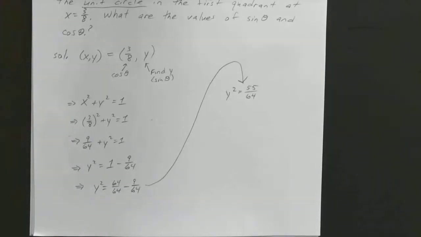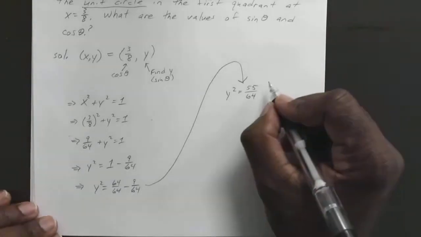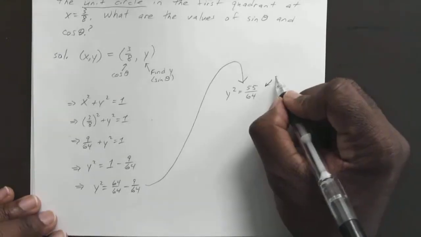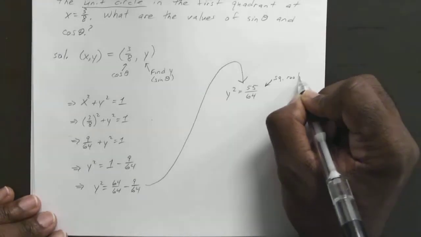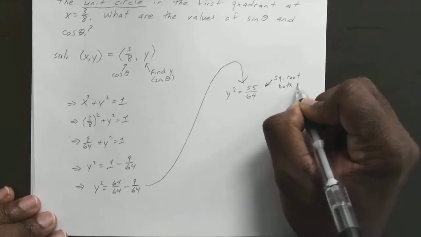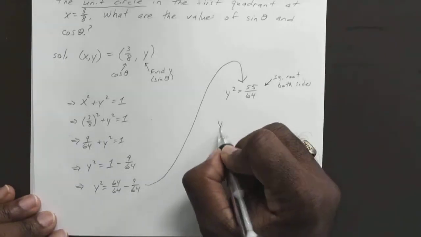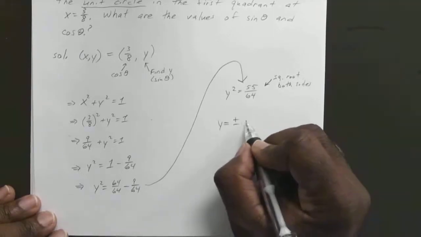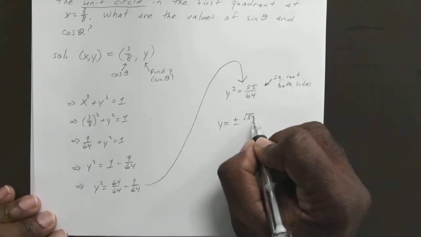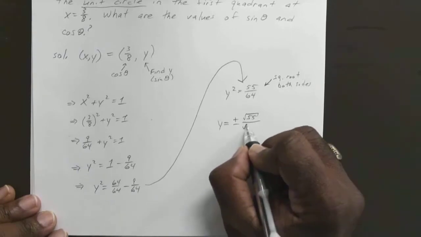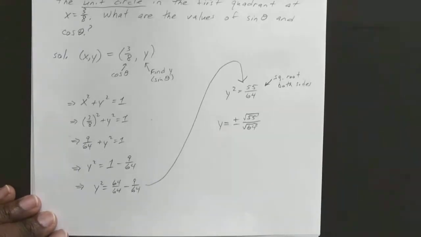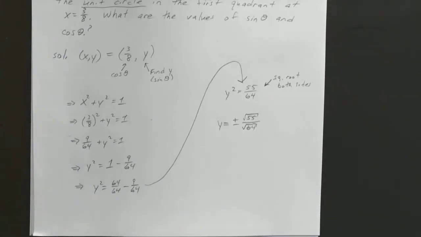Okay. So if we square root both sides, we can solve for our y. We have y equals either positive or negative square root of 55 over square root of 64, which is just positive or negative square root of 55 over 8.